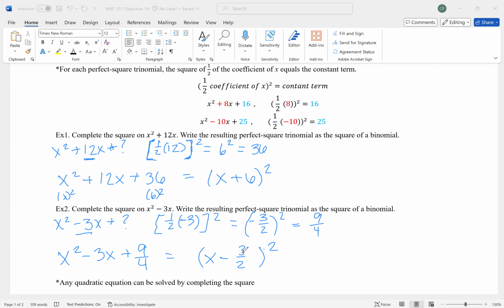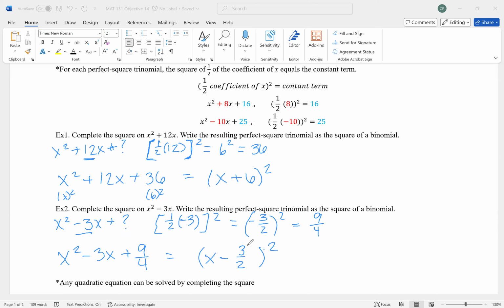And I want you to know that any quadratic equation can be solved by completing the square, okay? So this is the gist of how we complete the square. We have to find that third term by doing 1/2 times the coefficient of x. That is going to give us that constant term, okay?